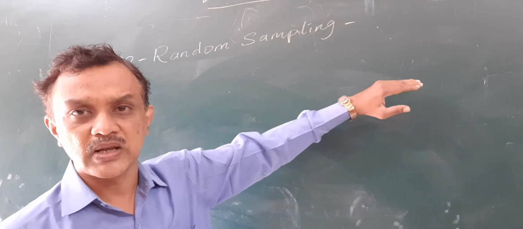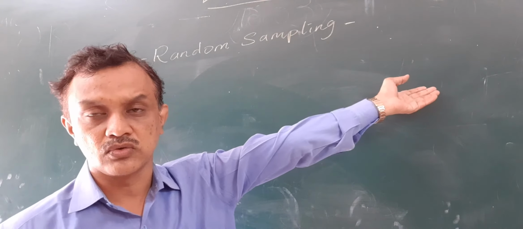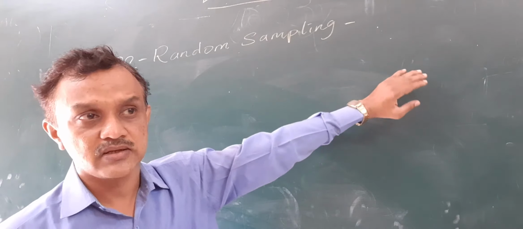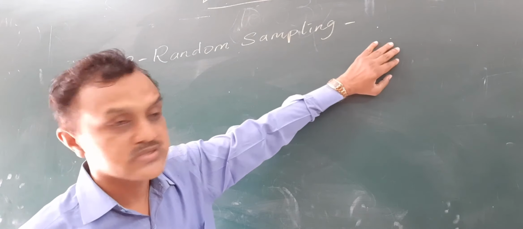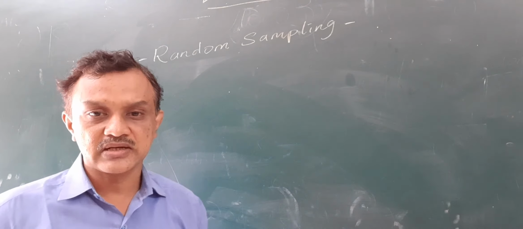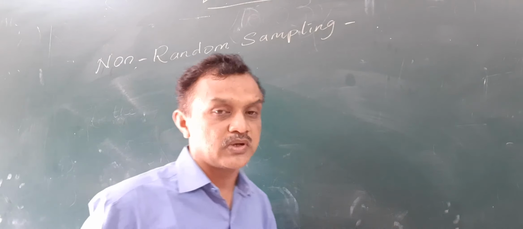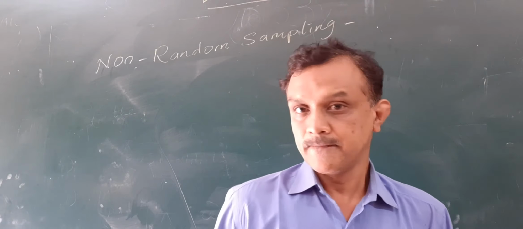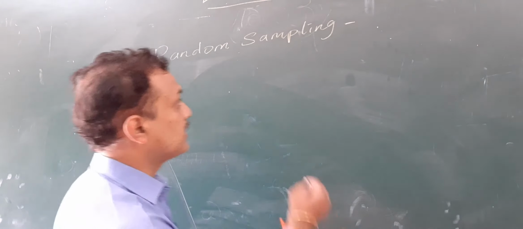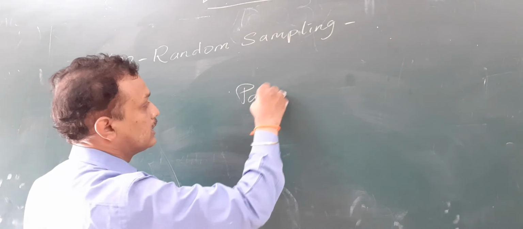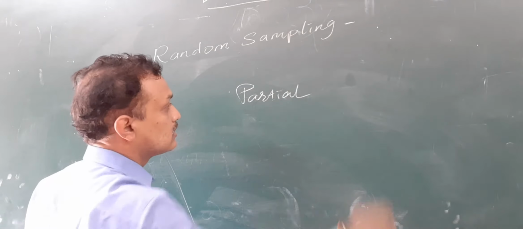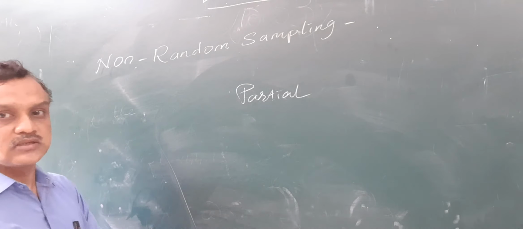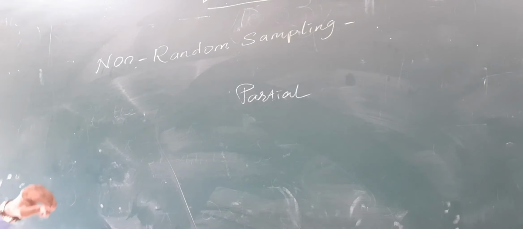So in sampling what happens? We select some of the households. Whereas in non-random sampling, we are not going to select samples on that basis, but we select those samples which we know better. Here we become partial. In non-random sampling, the investigator becomes what here?